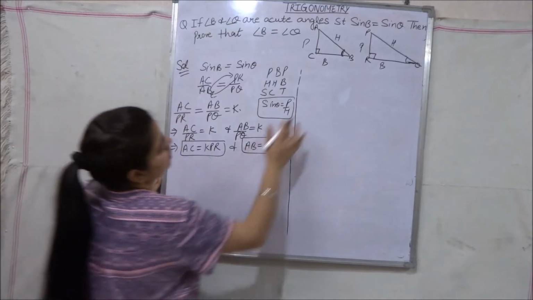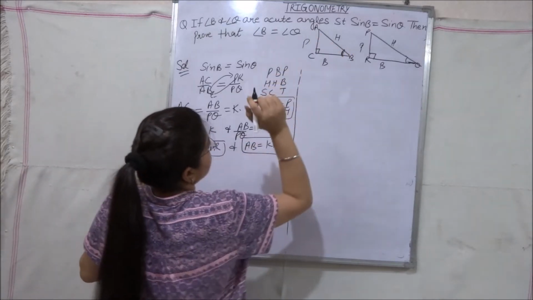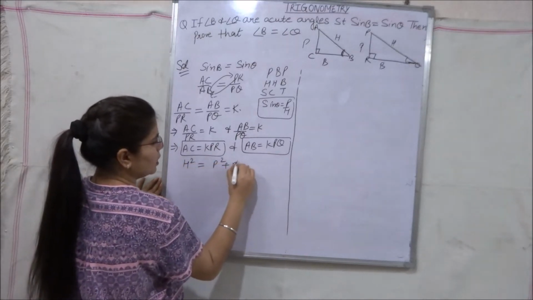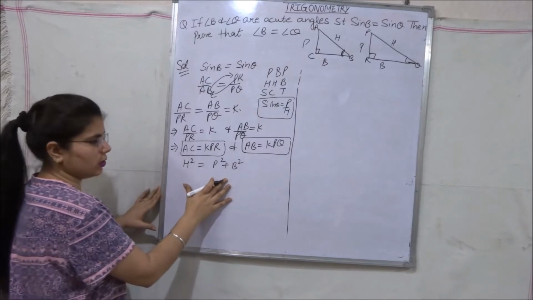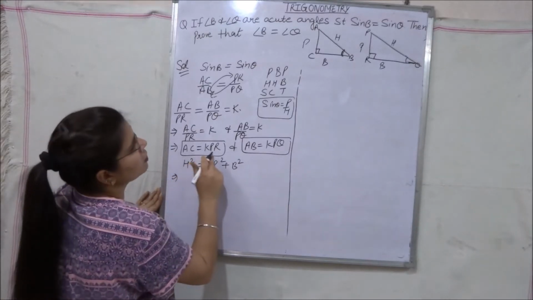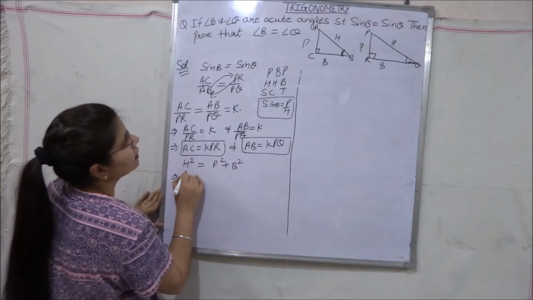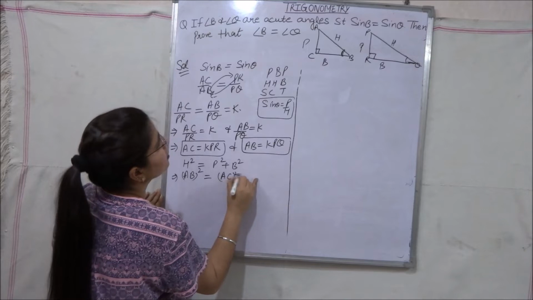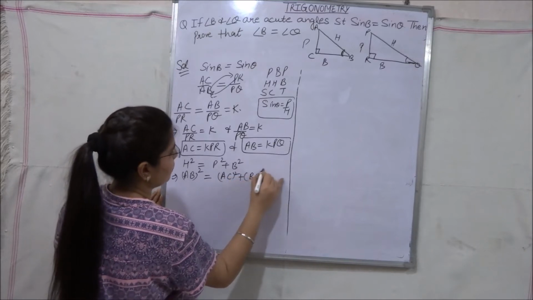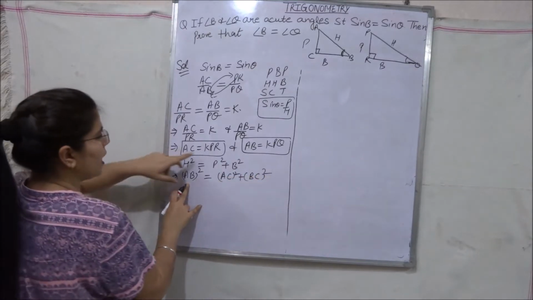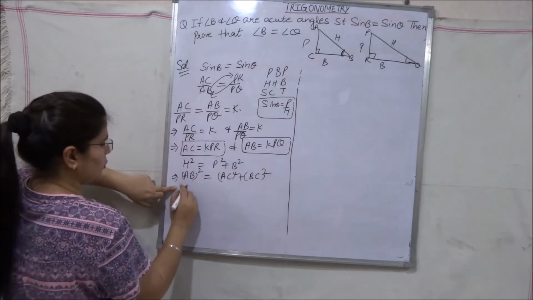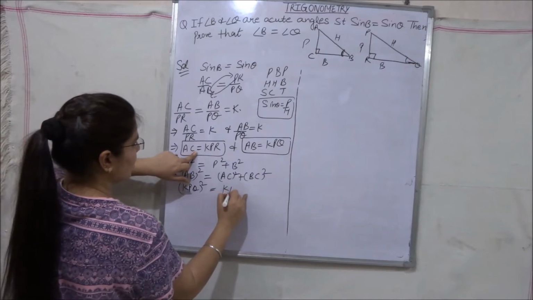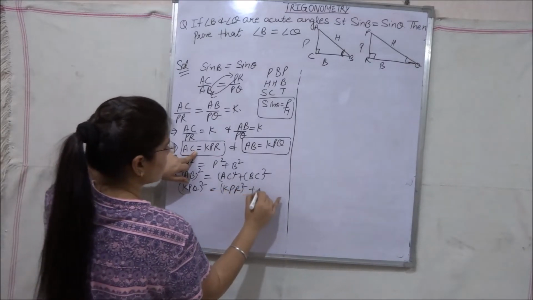Now let us consider the triangle ACB. We have the formula h square equal to p square plus b square according to Pythagoras theorem. So the hypotenuse is AB square. AB square is equal to AC square plus BC square. So we had the value of AB is equal to K times PQ and the value of AC is K times PR, square plus BC square.